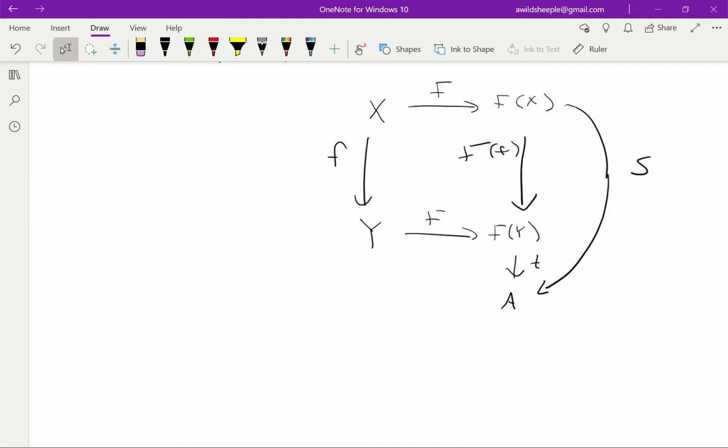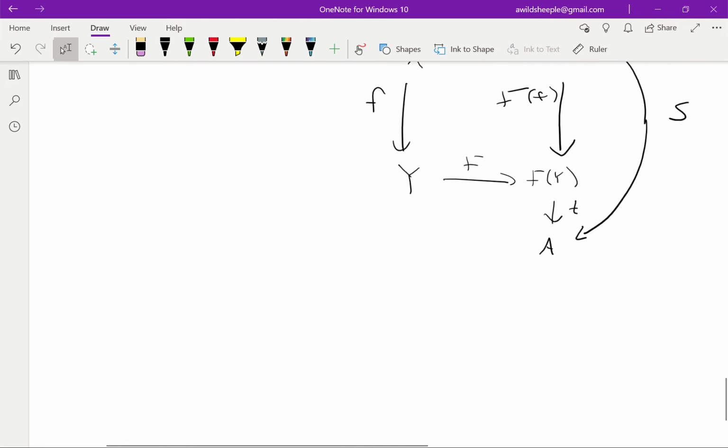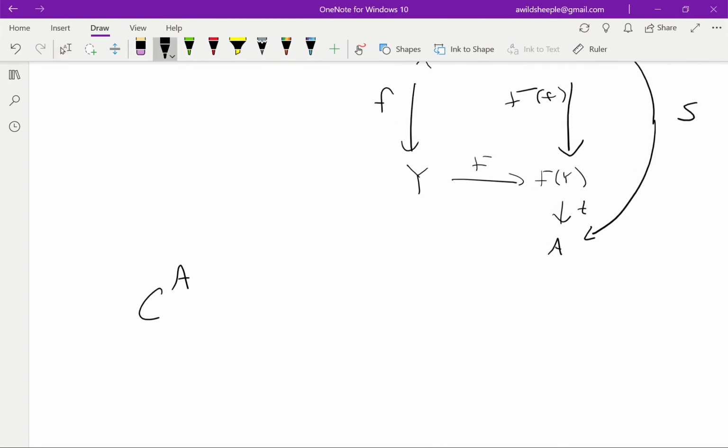Okay, so in this category, we'll say that two monomorphisms with the same target will be isomorphic if there's an isomorphism making the triangle commute. And similarly for epimorphisms in the dual category, which I didn't write down, so maybe I'll do that really quickly. We can define a category C^A, where the objects of C^A are again pairs, x and s, but this time s has to run from A to F of x.